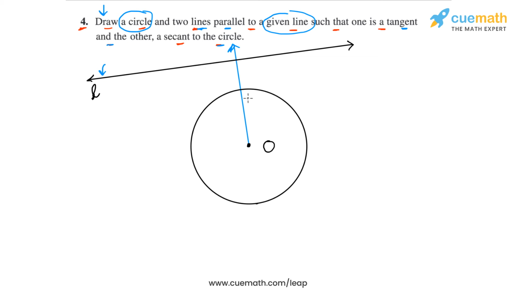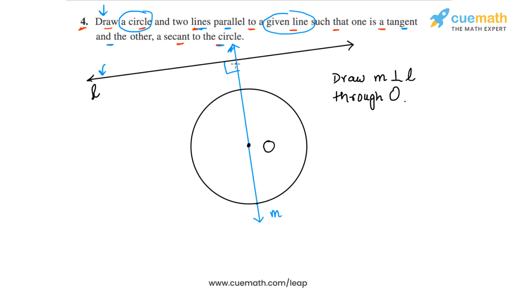Let's extend this line to the other side also, like this. And let's say that this is our line M. So basically we have drawn the line M perpendicular to L through the center O of the circle. Now what should be our next step?